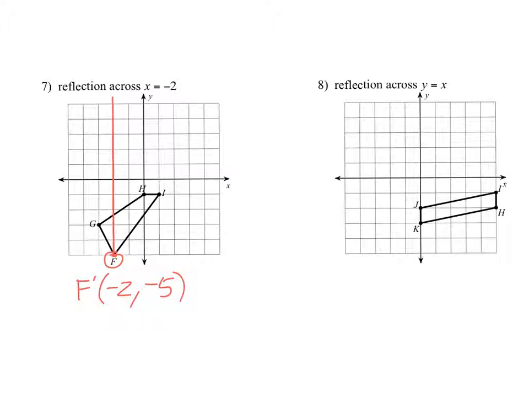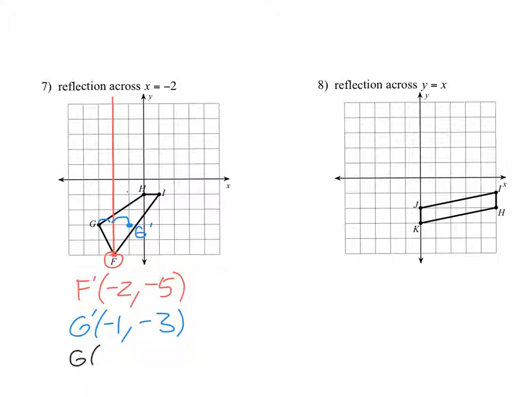The others will. So G, you go 1 over here, so here's going to be G apostrophe. So where is that? That's -1, 1, 2, 3. So G apostrophe is -1, -3. Now, where was the original G?